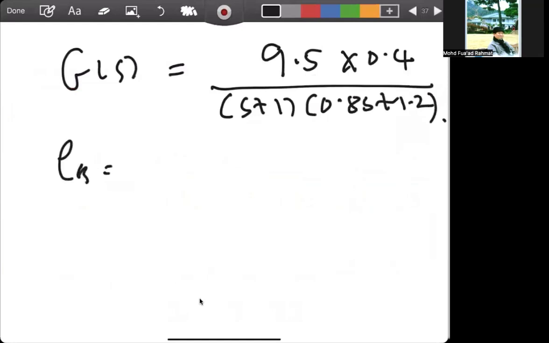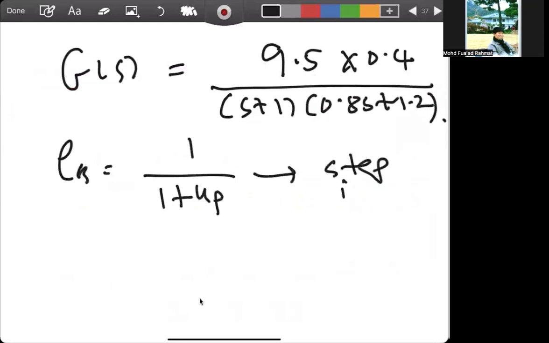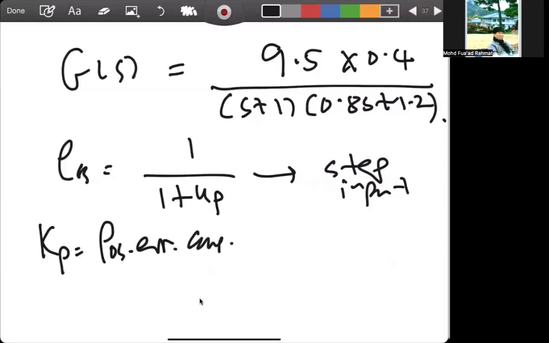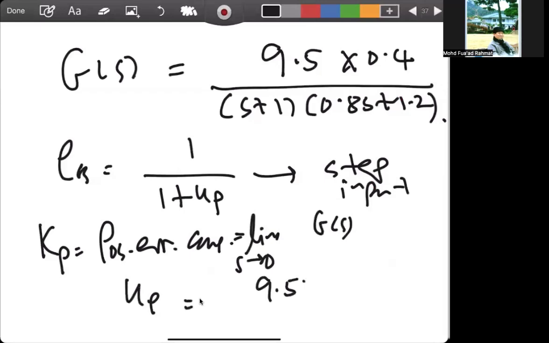So ess is 1 over 1 plus Kp, for step input, Kp is the position error constant. Okay, so find the Kp, which is limit s to 0 of GS. So Kp is equal to 9.5 multiplied by 0.4 divided by 1.2.